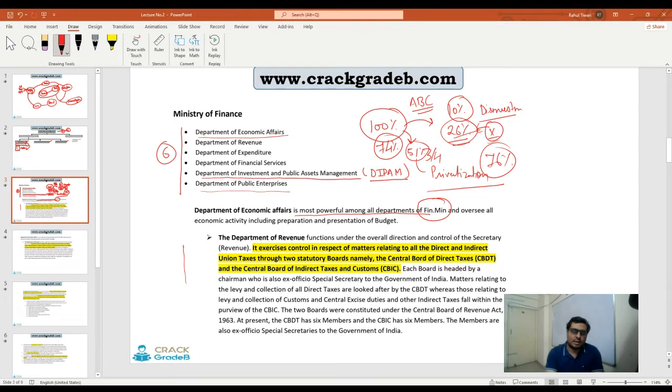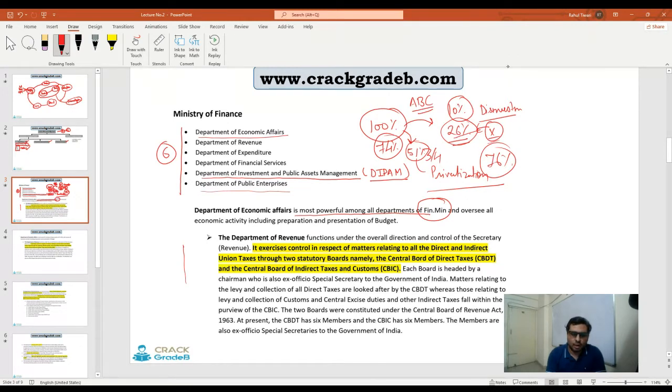FinMin, this term is used many times rather than the full form Ministry of Finance, in newspapers, good articles, and by newsreaders. So you can keep this in mind: FinMin means Ministry of Finance, very simple.